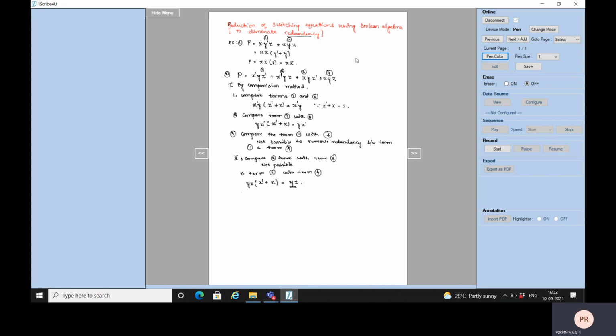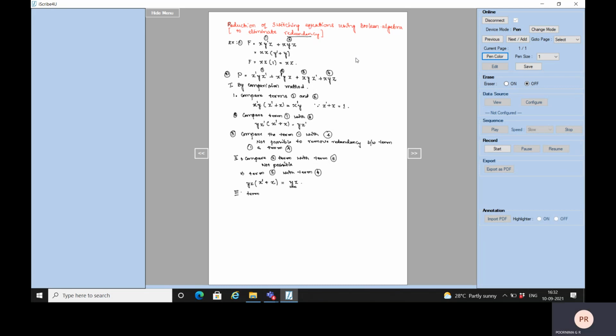Similarly, the second term has been compared with the third term, and again with the fourth term. Since all the subsequent comparisons of the second term are over, the comparison rule has to be applied to the subsequent term, that is term 3.